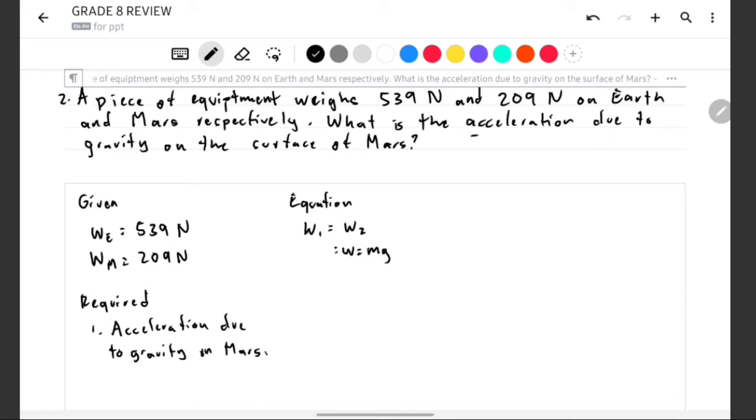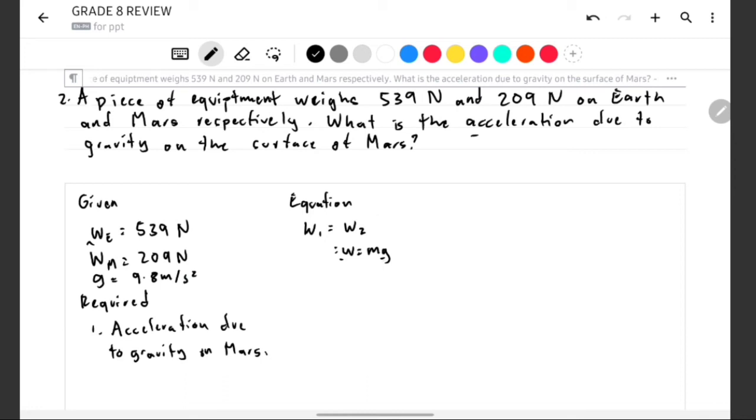Pero yung hinahanap natin, kailangan maging ratio siya. So, ang mangyayari dito, yung meron lang tayo na unit is weight or yung force, and then yung gravity on Earth. Alam natin na constant yung gravity on Earth na 9.8 meters per second square. Yan yung nawawalang given.